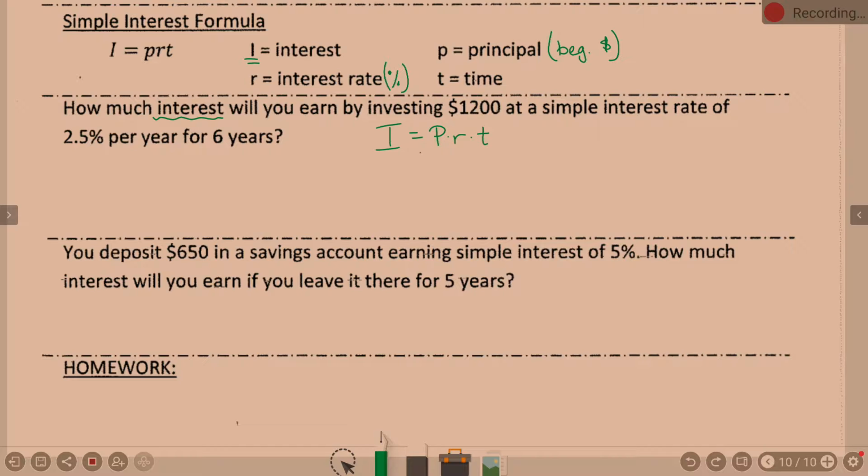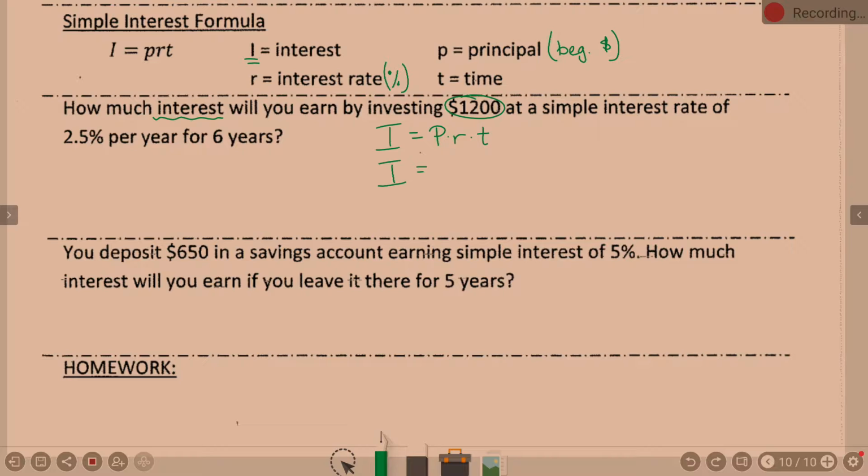Oh, wait. It's asking how much interest, so we're trying to find I. Now, go through with me and let's figure out what goes in for which piece. How much interest will you earn by investing $1,200? Is that my P, my R, or my T?